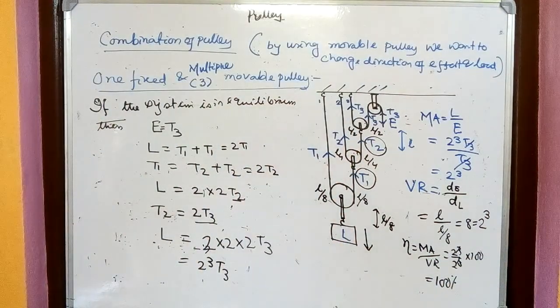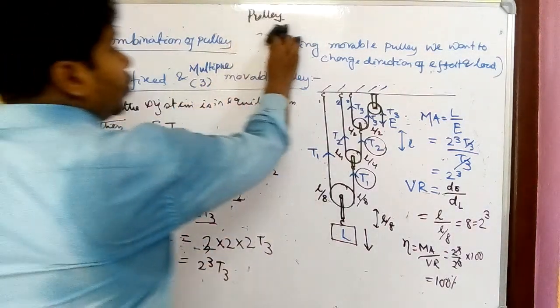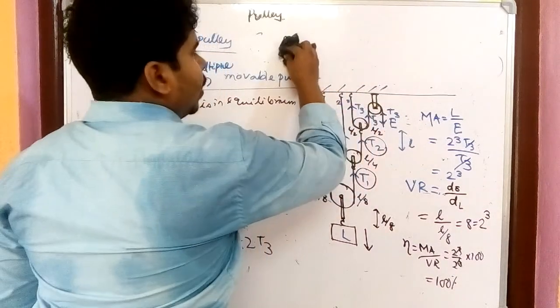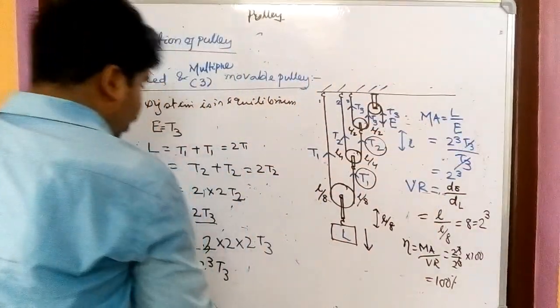Now you may ask, sir, here we have taken 3 movable pulleys and the answer is coming like this. If n number of movable pulleys are taken, then what will happen? So that one we have to write here.